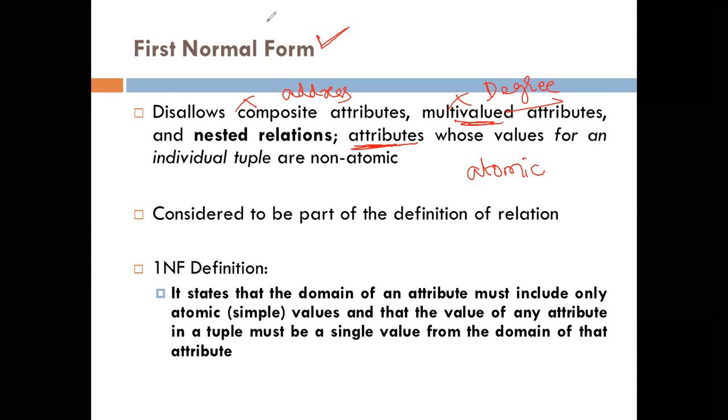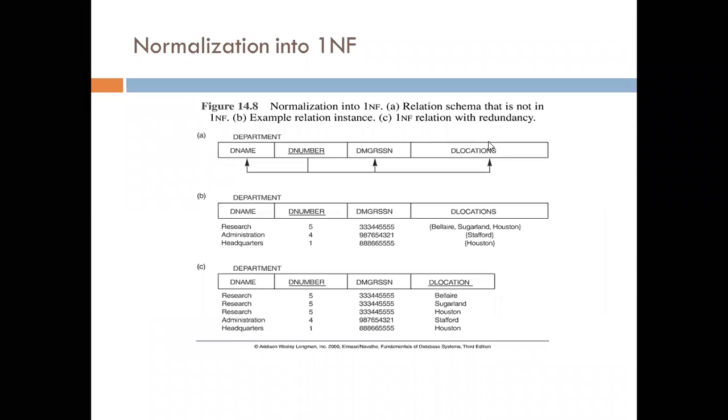Let us consider an example from the company database for this. Look at this. A department table has department name, department number, department manager SSN, and the department location. When we first discussed the company database, we discussed that one department can spread across multiple locations. The same department can be present in multiple locations.